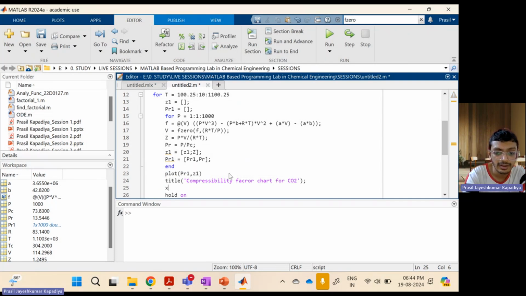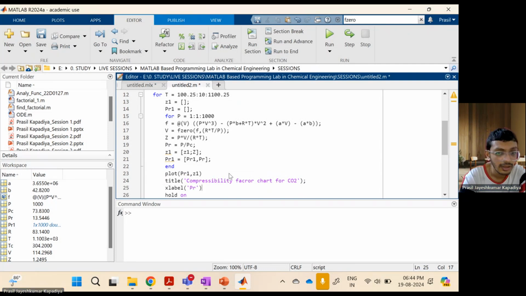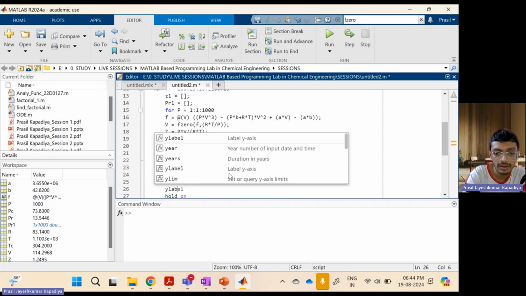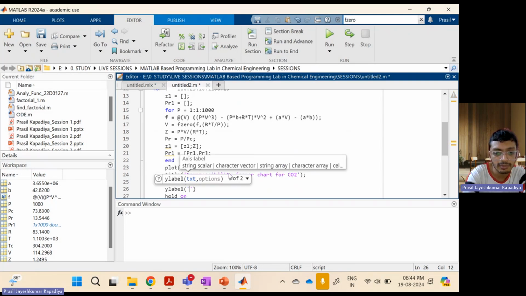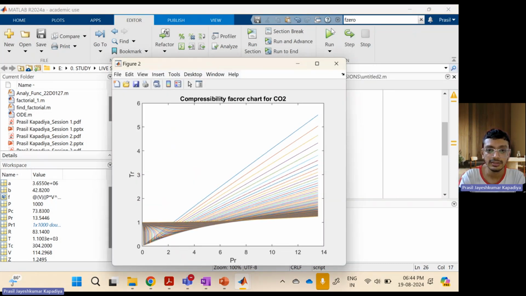This is the title. X label is nothing but reduced pressure. I'm just writing it as PR. Y label is nothing but TR. I will not be showing a legend because there are hundreds of combinations and legends won't work for this case. So when we do this, we can see that this is the simplified version.